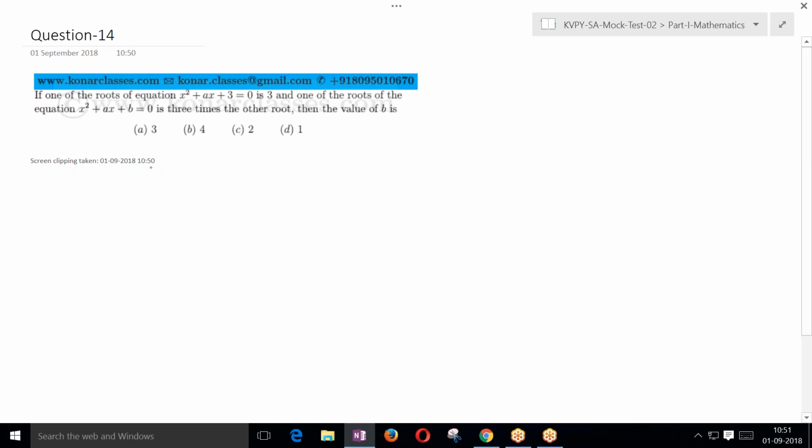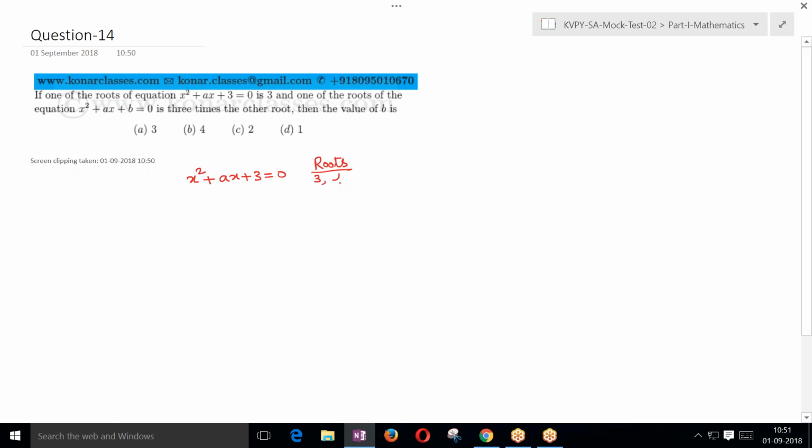So let us take whatever the English statement is given and find it in exact mathematical form. So what is the first equation? First equation is x square plus ax plus 3 is equal to 0. So one of its roots is 3.